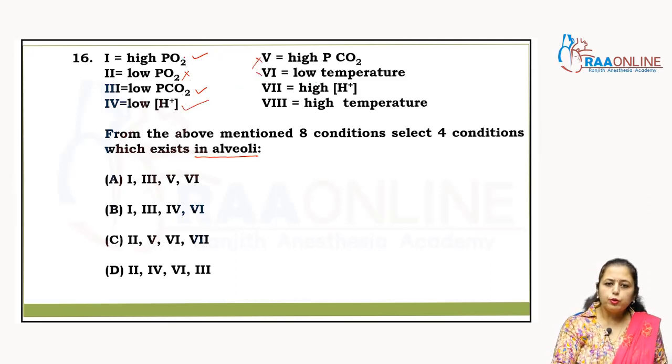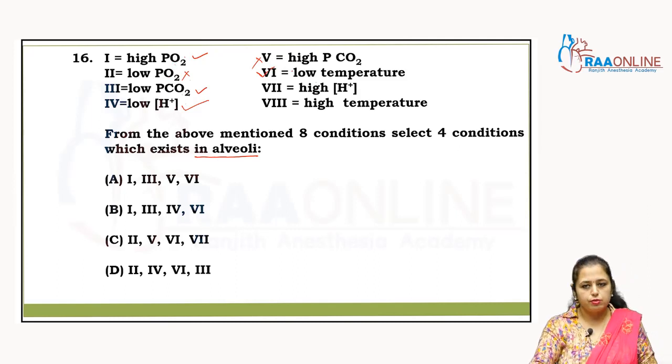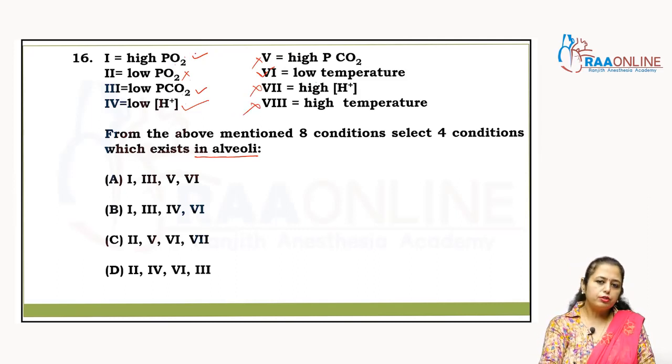So high PO2, low PCO2, low H+ concentration. High temperature, no. Low temperature, exactly, in alveoli, because the partial pressure of oxygen is increased. This is not related with that. This is also not related with that. So the 4 conditions, that is 1, 3, 4 and 6 are here, right? 1, 3, 5, 6, no. 1, 3, 4, 6, yes. So answer is B. Clear?